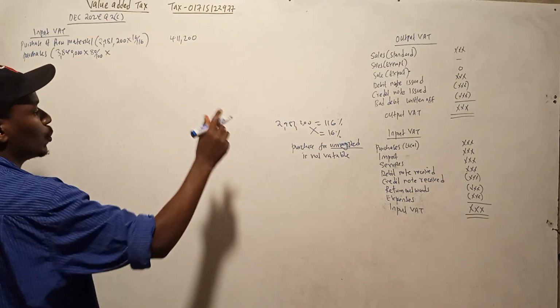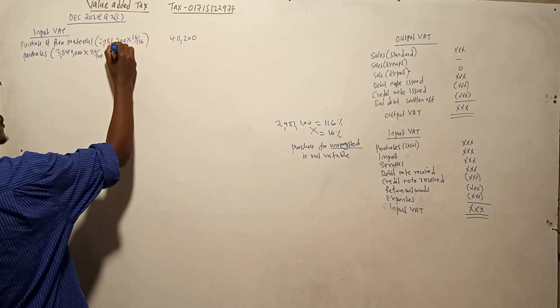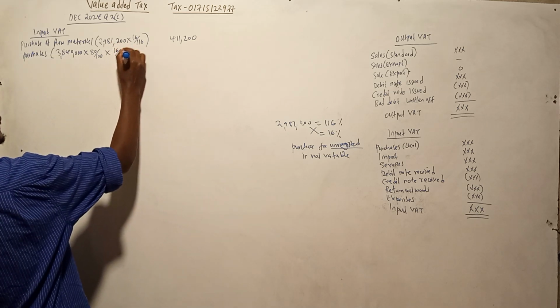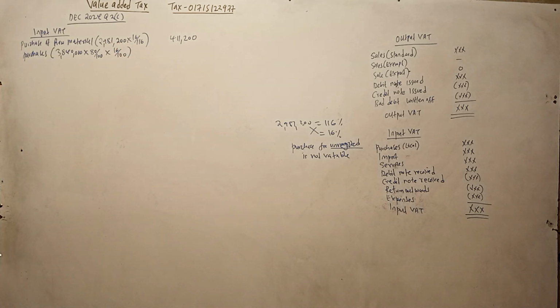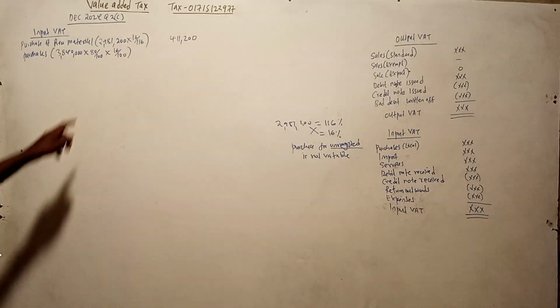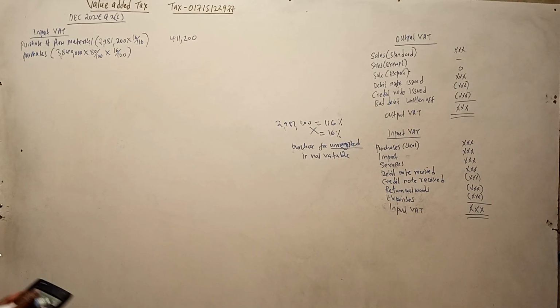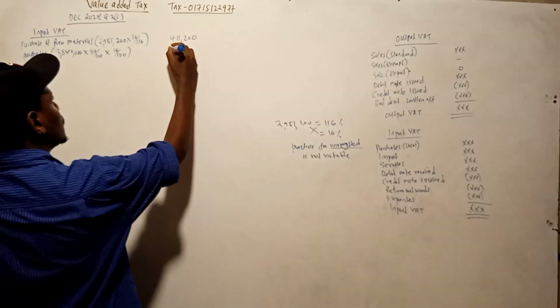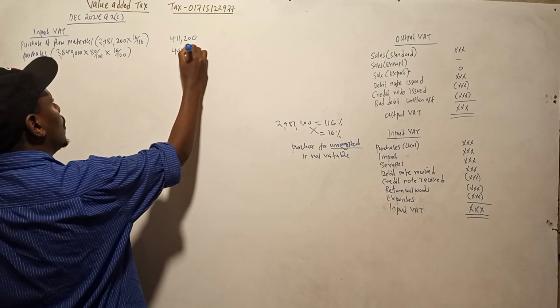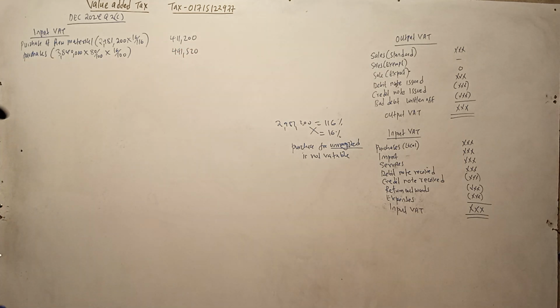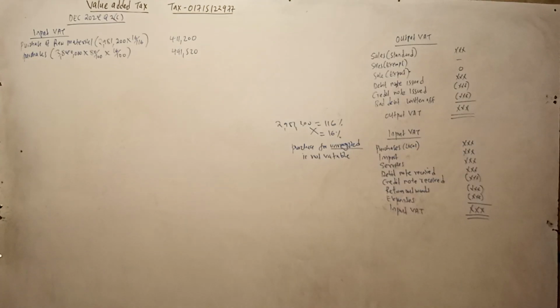So the value of VAT will be 16 over 100. Remember the rate is 16%. So you get the VAT direct: 3,840,000 times 80 over 100 times 16 over 100, which is 491,520.